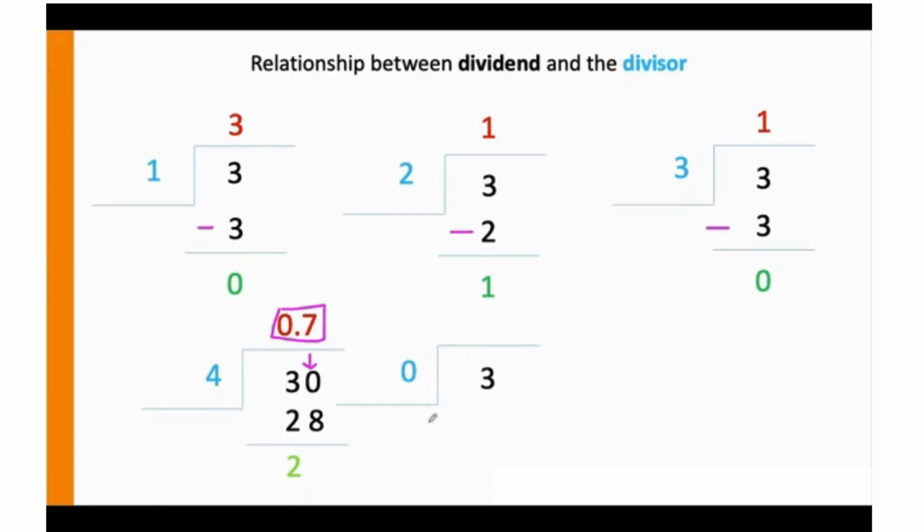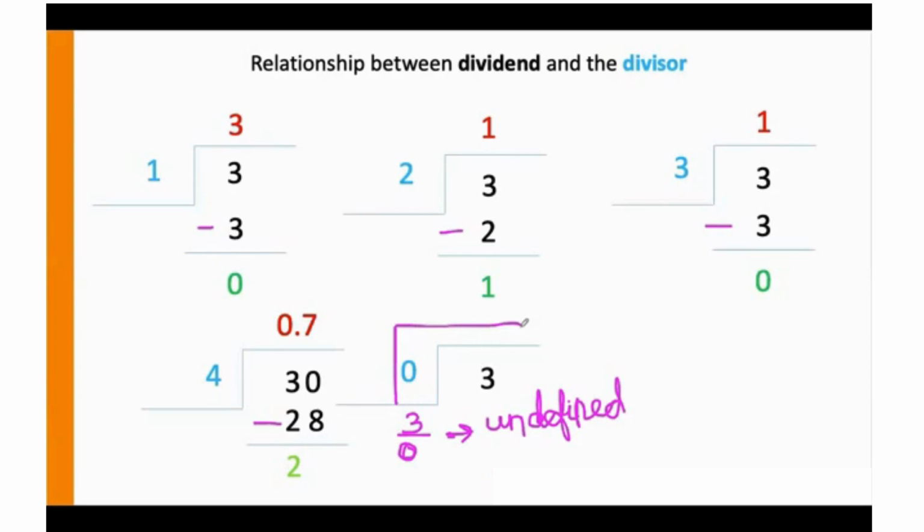It is as if I am doing 3 upon 0. And can we have 0 in the denominator? No, that is undefined. Right? And so this case is not possible. This case becomes undefined as well.